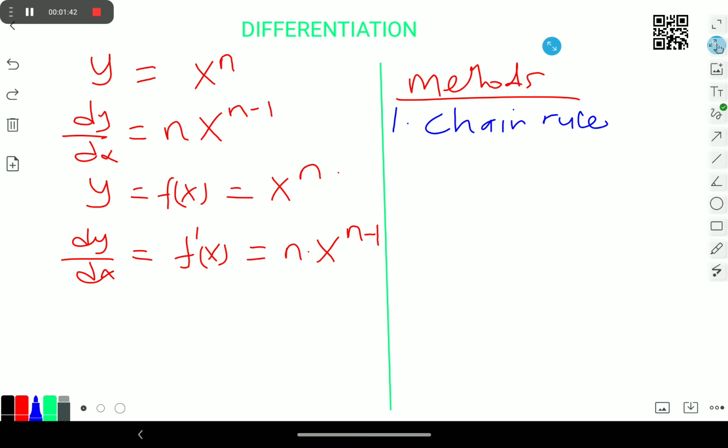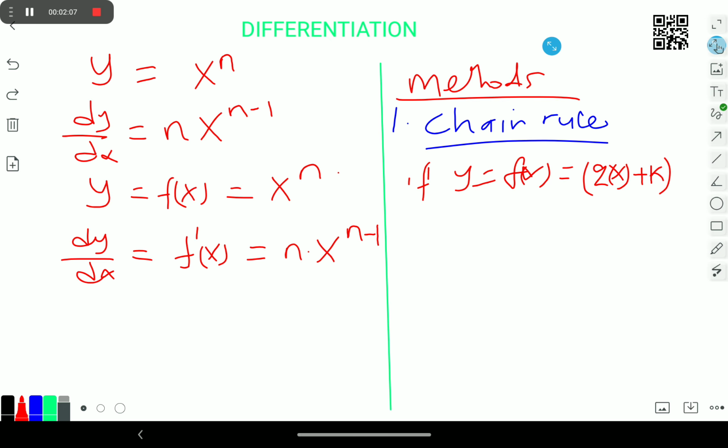Chain rule works like this: if y is equal to f(x), just use a function, maybe 2x plus a constant. It can be 2x only, then raised to the power n.